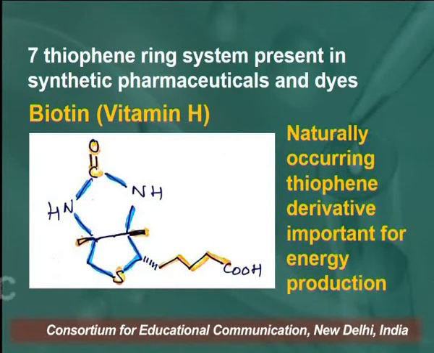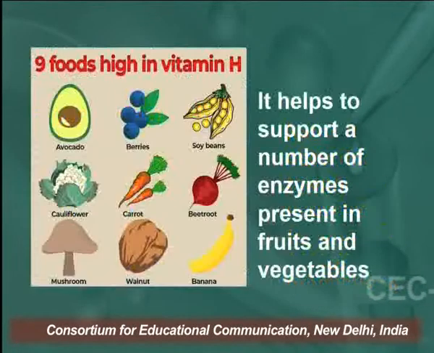Again, this is number 7. Here you can see on your screen, this is also a thiophene, and it is biotin. This is also called vitamin H, and learner, on your screen you can see the structure. This biotin or vitamin H is a naturally occurring thiophene, and it is a very important derivative for energy production in our biological system.